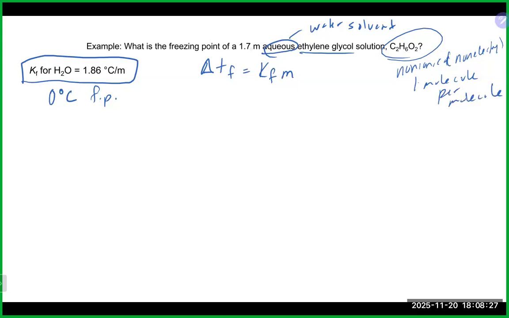So in this particular case, they actually just gave us the molality. Most of the time you will have to calculate the molality yourself, but in this case, they gave it to us.